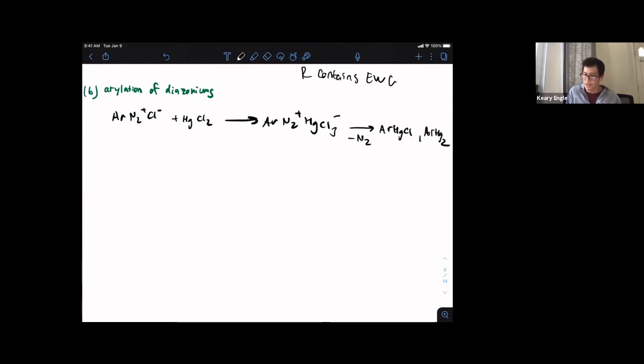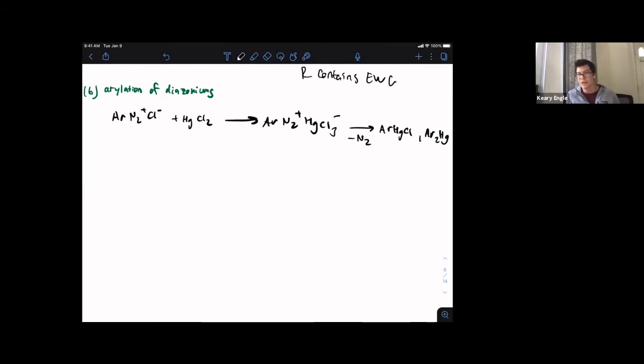Extrusion of nitrogen then drives formation of the aryl mercury species. Sorry, I have this misdrawn too. You can tell I was rushing here, and also eyeing the connectivity issues at the same time, and so getting sloppy with my ChemDraw. So this can form the monoaryl mercury species or the diaryl mercury species.